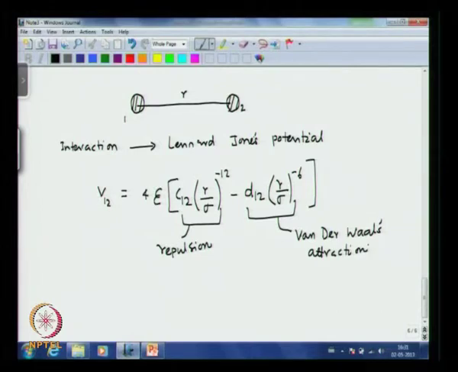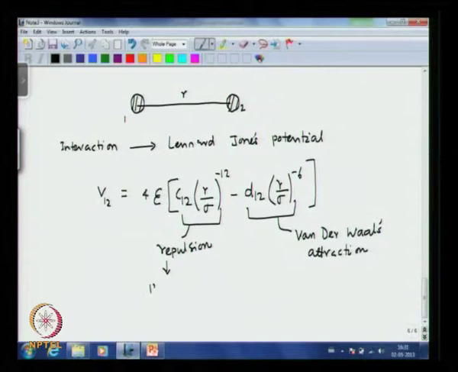The repulsion force can be determined using phenomenological models.